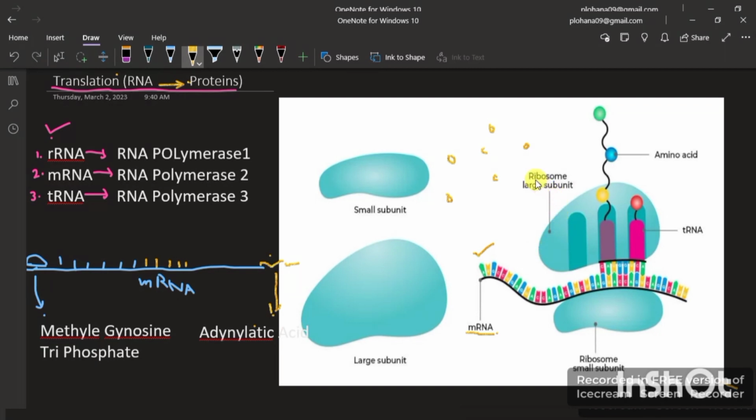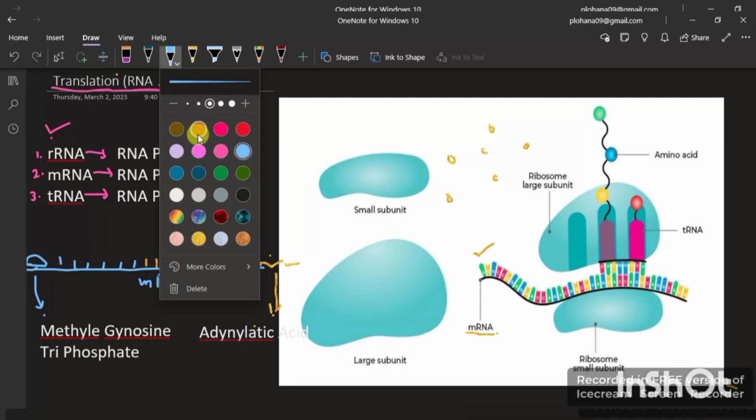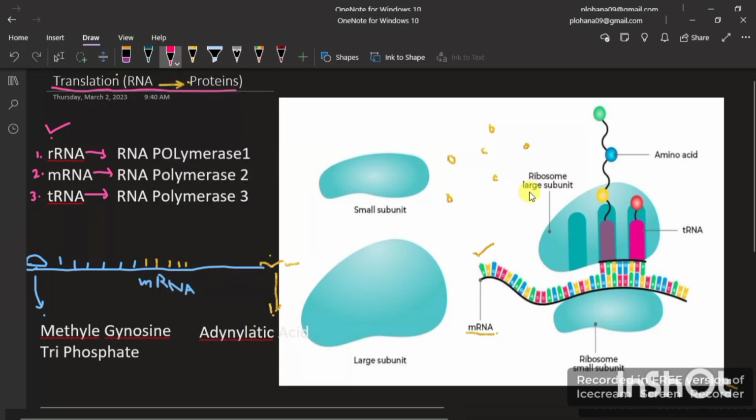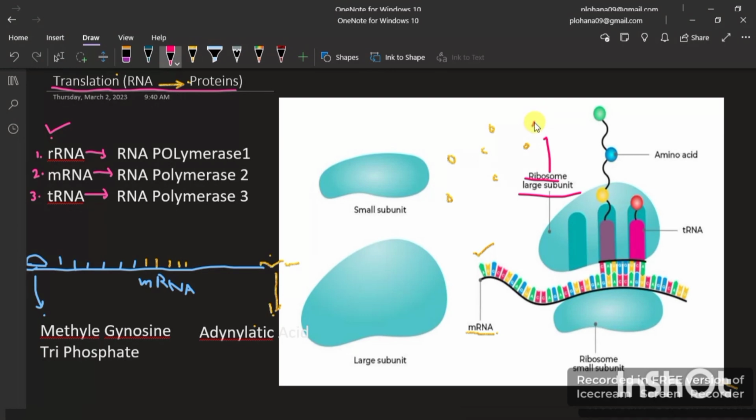As you can see here, these are the ribosomal RNA. Wait, let me change the color. Here is the ribosome, with the large subunit. What are these ribosomes made of? These ribosomes are made up of rRNAs, the ribosomal RNA.